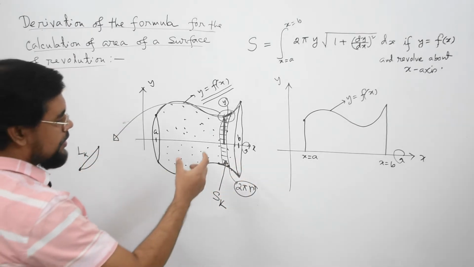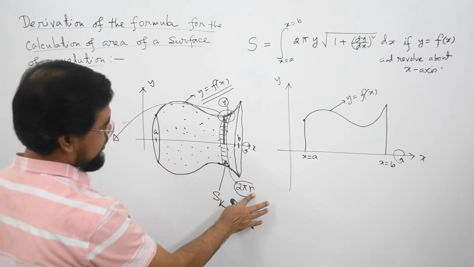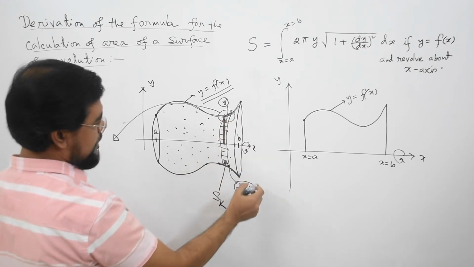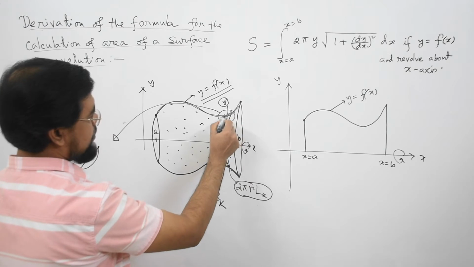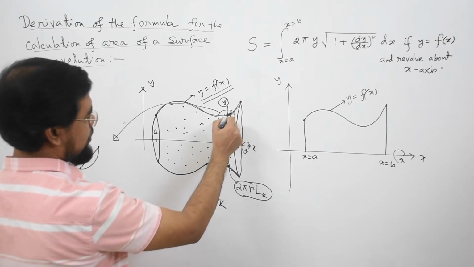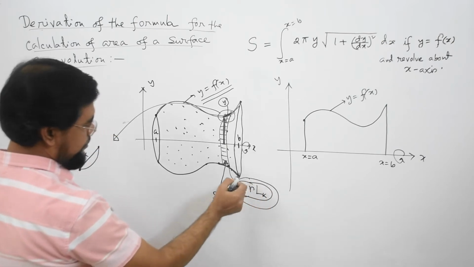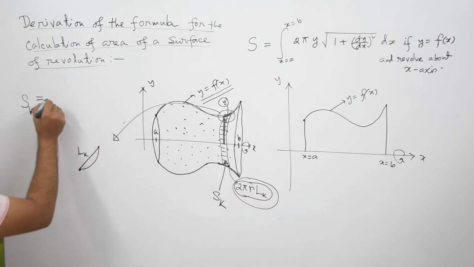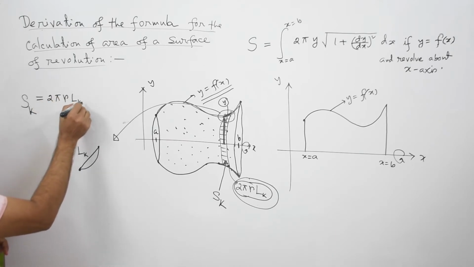So the area of this small band will be the circumference 2 pi r times Lk, where we denote the length of this small curve by Lk. So the surface of this small band will be 2 pi r Lk.